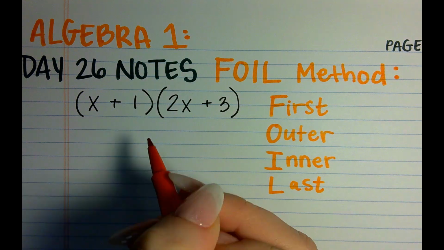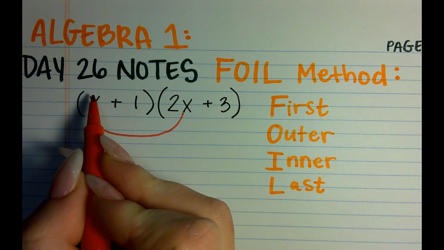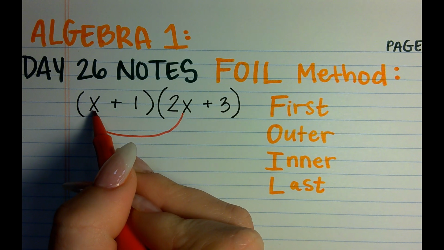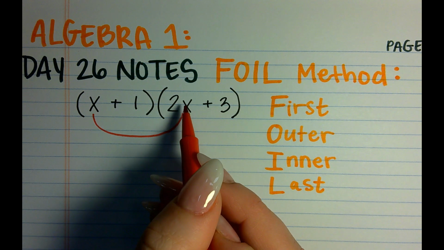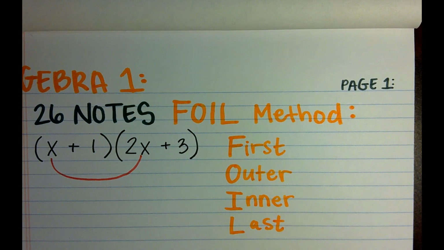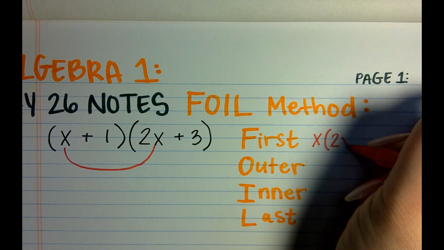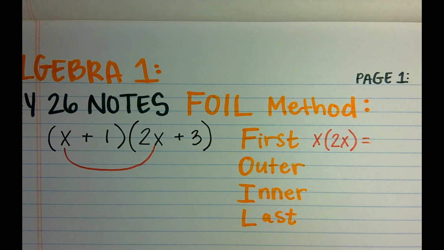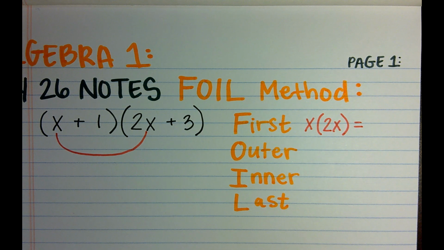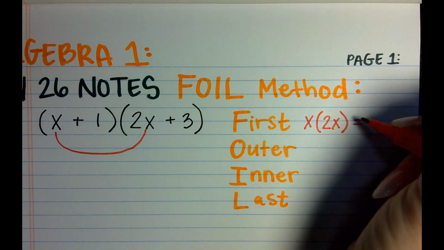So when I'm referring to the first term, I mean x and 2x. These are the first terms. So the first thing we're going to do is draw a line from the x to the 2x. And what we're doing there first is x times 2x. Now, what is x times 2x? 2x squared. Yes, 2x squared.